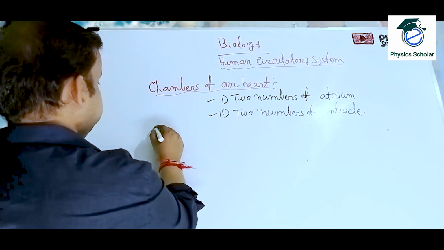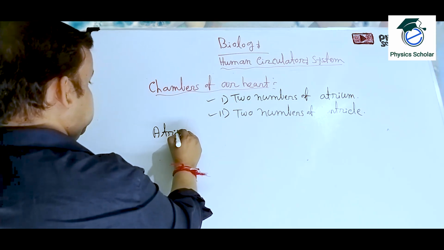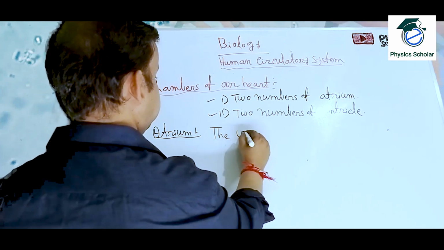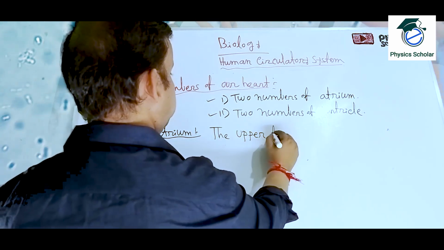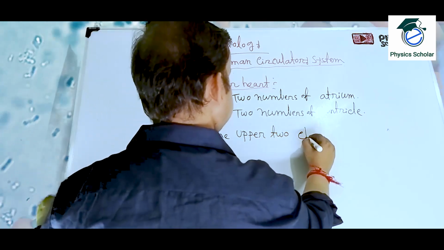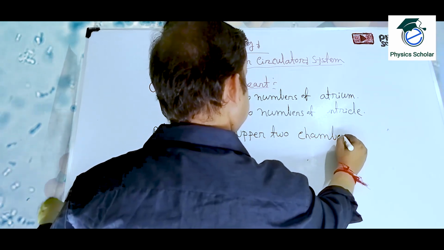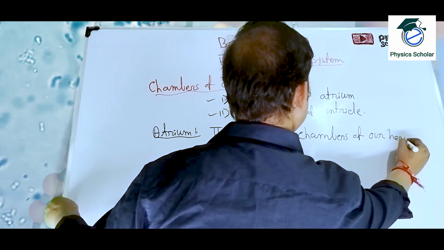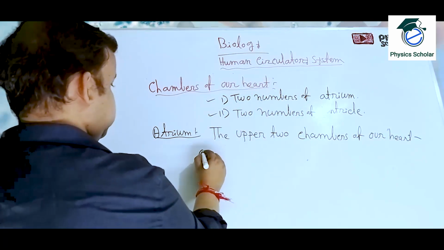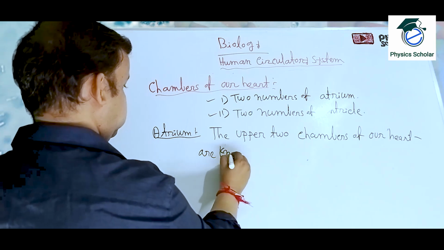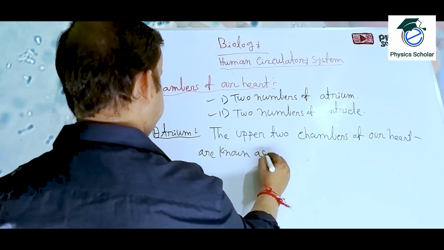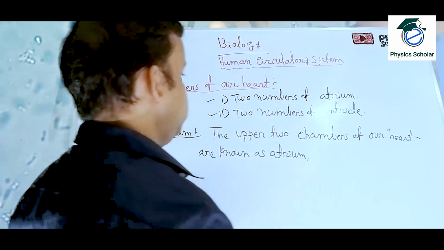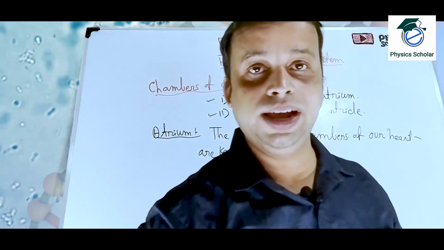What is atrium? The upper 2 chambers of our heart are known as atrium.